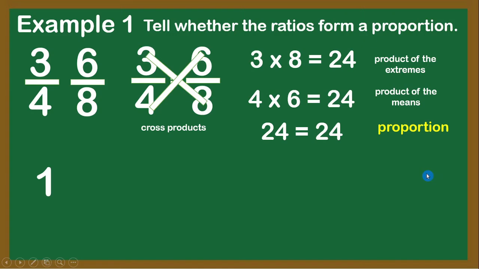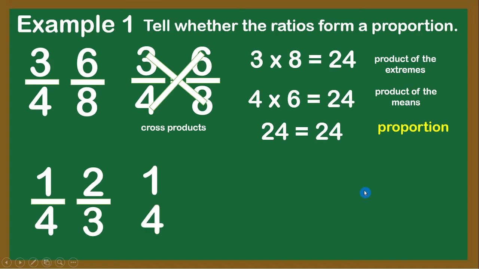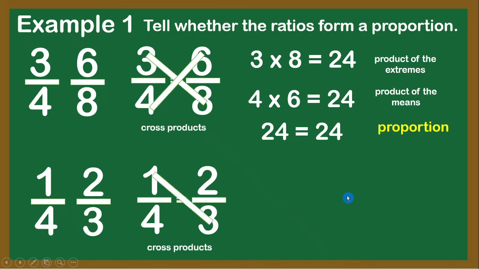Now let us have another example. Let us use 1:4 and 2:3. Writing them into a proportion, we have 1:4 equals 2:3. Let us take the cross product of 1 and 3, and 2 and 4.